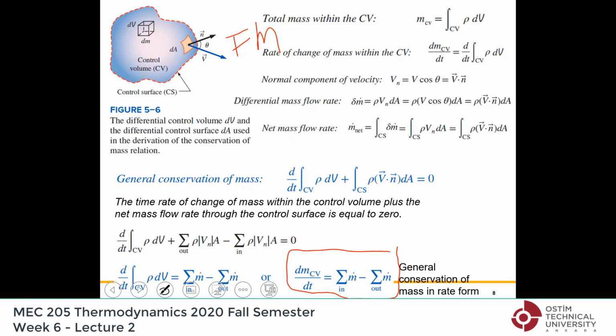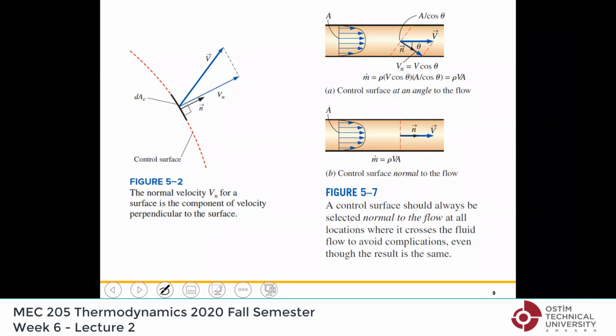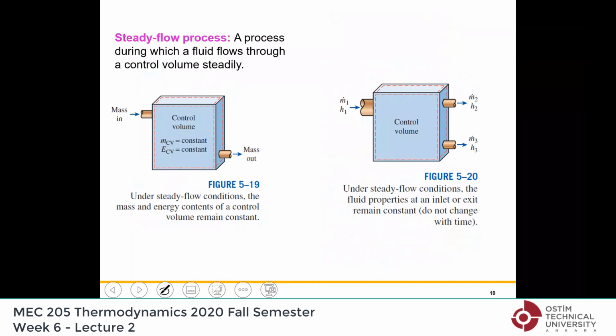That is the time rate of change of the mass of control volume is, you may have many inlets, the total mass entering per unit time minus the total mass leaving per unit time. Okay, so mass flow rate in minus mass flow rate out is the time rate of change of mass of the control volume. So from this page, just remember this relation here. These details I will not go through, as I said, in fluid mechanics. You will go through that. Now, steady flow process.